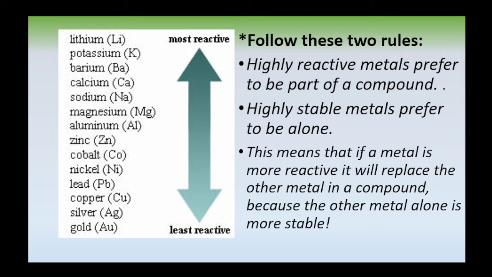And we follow these two rules for determining whether a reaction will take place. Highly reactive metals prefer to be a part of a compound, and highly stable metals prefer to be alone. Essentially, this means that if a metal is more reactive, this is the pure element metal, it will replace the other metal in a compound because the other metal is more stable when alone.